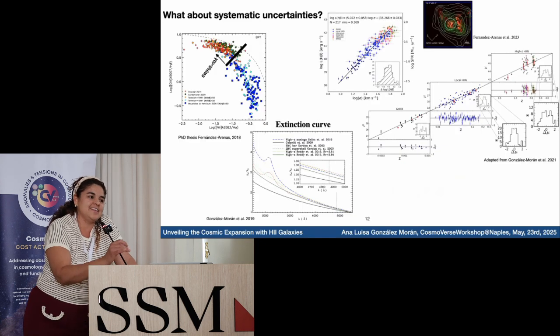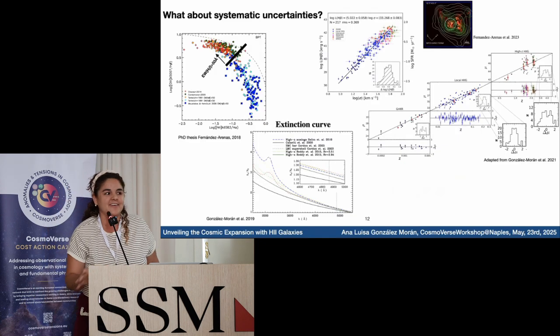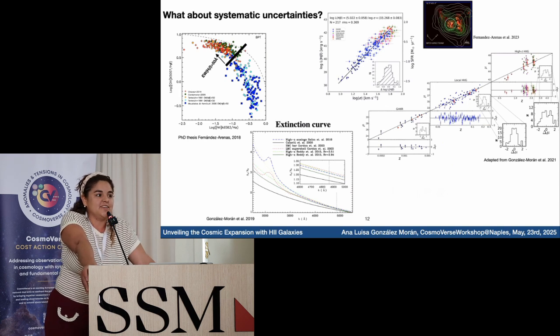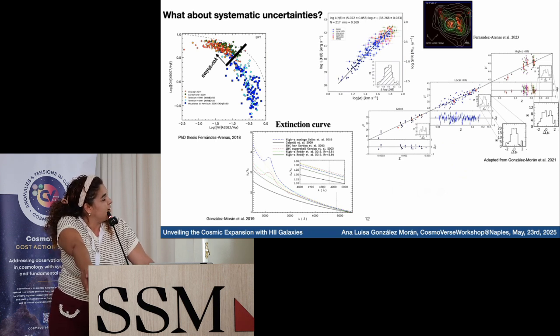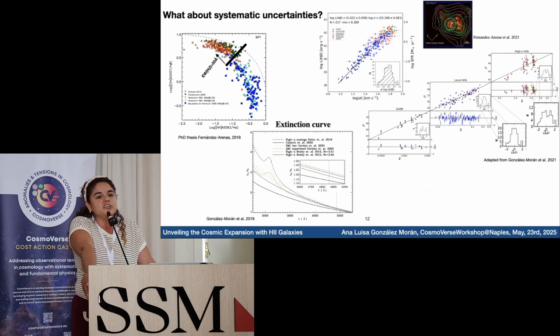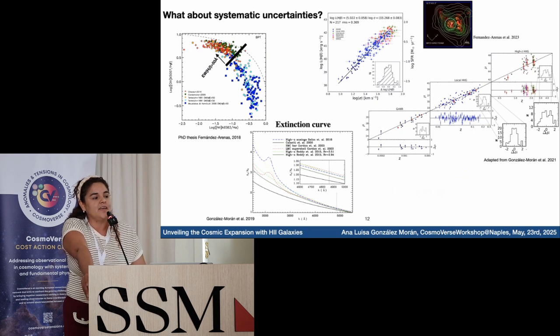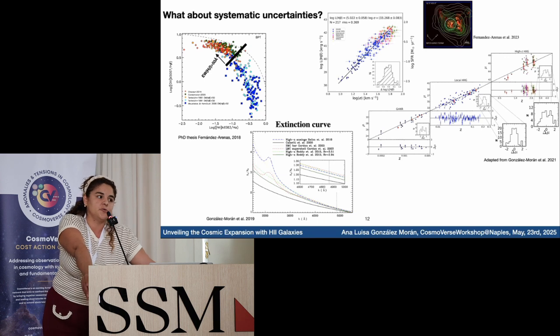But at least for me, the most important part of this talk is regarding the systematics, because I have to say that we have a lot of problems that I would like to analyze. For example, if we come back to the L-sigma relation, we can see that the scatter on this correlation is larger than the intrinsic uncertainties associated with each target, which means that we have a second parameter that we have to analyze.